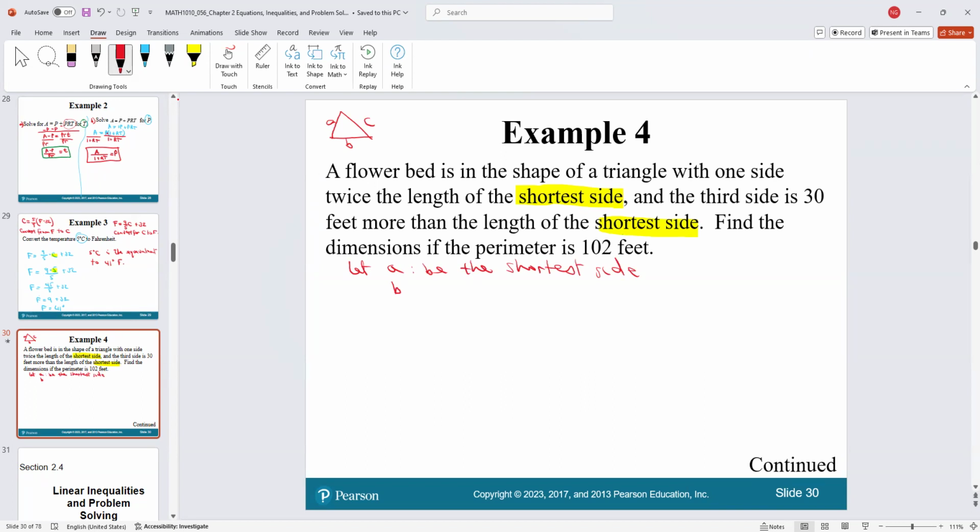A triangle with one side, the second side, and C the third side.